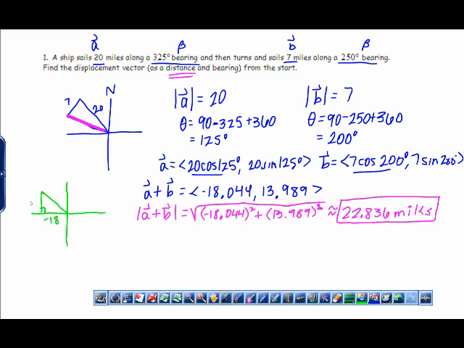Now, I know that these numbers are actually not exactly these. We'll refer back to A and B though. Okay, and here's my R, which I know to be about 23. When I say R here, I'm talking about this resultant, the magnitude of the resultant vector. So I'm just using R as abbreviation.